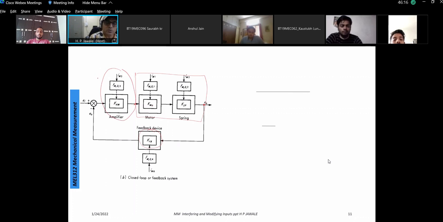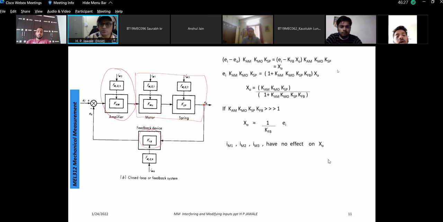Now I have added one more component here, so that because of the amplifier, the proportional signals will be changed, and then it will give rise to, through the equation, I think we can understand this system. So earlier it is EI minus EO times Km, KO, KSP, which equals the output voltage.